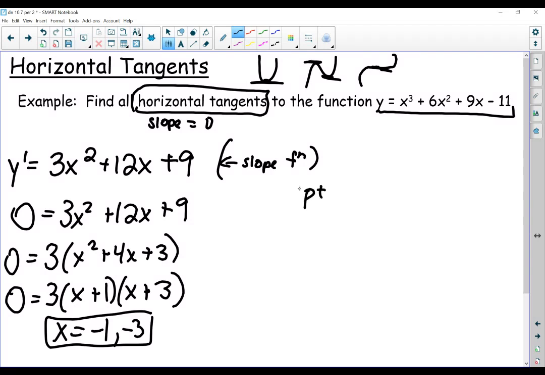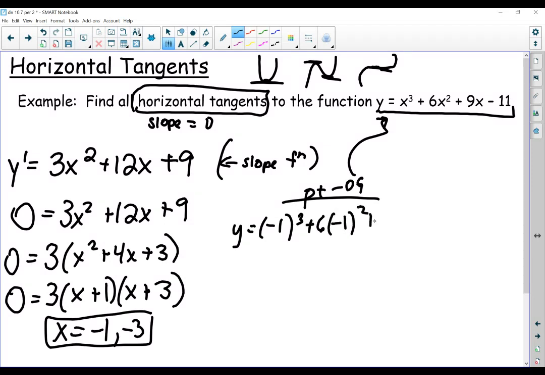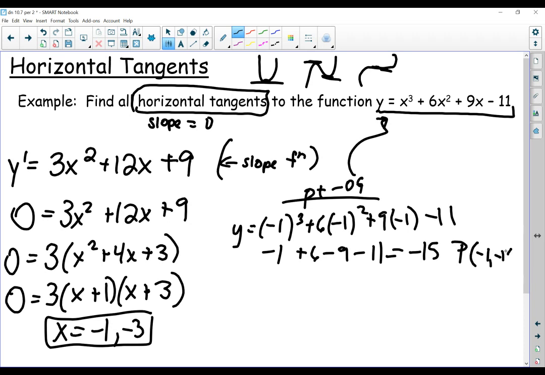Now, if I wanted the points, I'm going to have to go back to the OG. So I'd have to plug -1 into the original function to find the point at which that happens. So -1 plus 6 minus 9 minus 11 is 6 minus 21 is -15. So that point would be -1, -15.